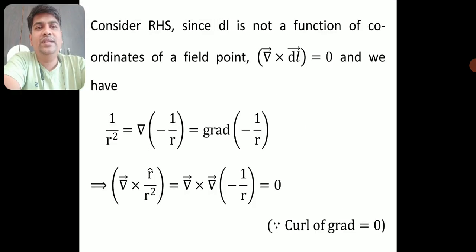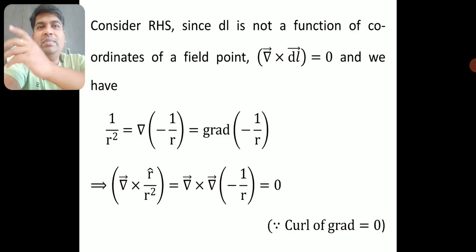Now I know what this is. 1 by r square can be written as the derivative of minus 1 by r. What is actually the divergence? It is dou by dou r. If I differentiate minus 1 by r, it will be 1 by r square.